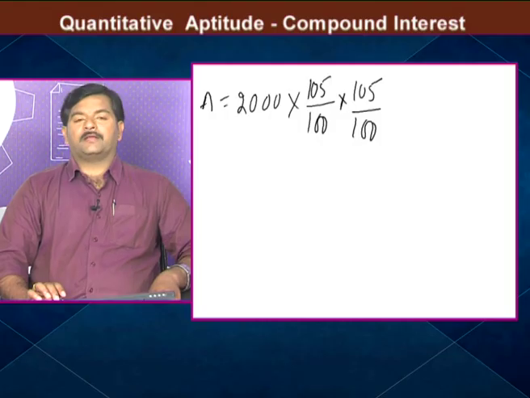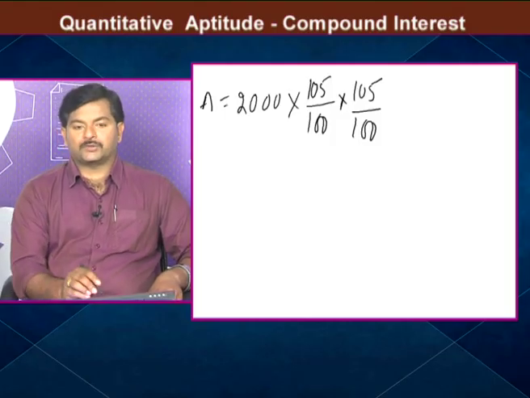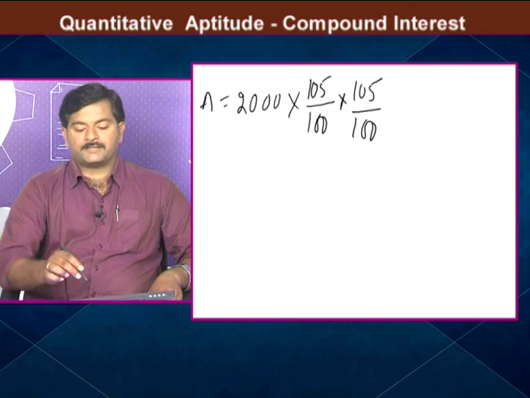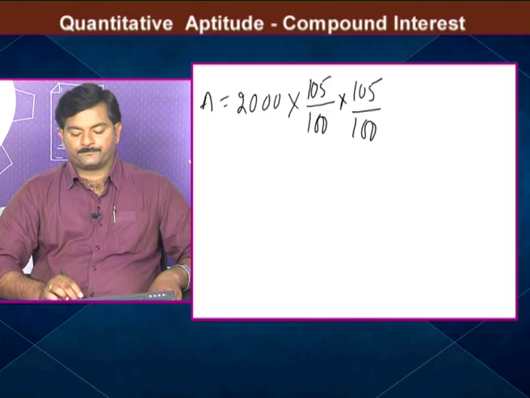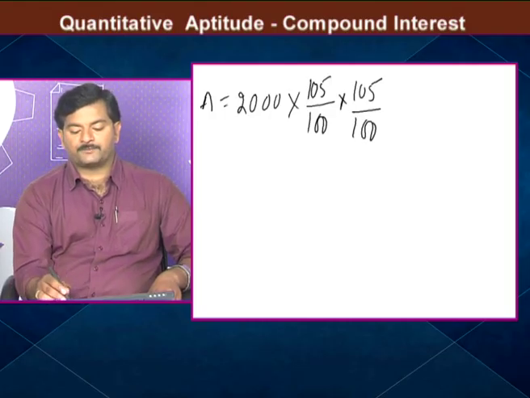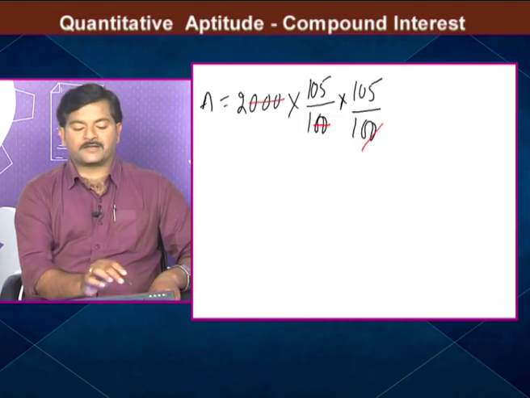That's why A is equal to 2000 into 105 by 100 into 105 by 100. So simplification. For this, zeros, 2 zeros plus 1 zero, 3 zeros cancelled. Okay, don't disturb the second one.